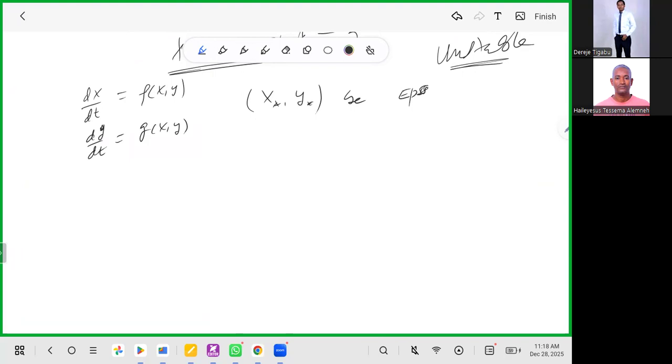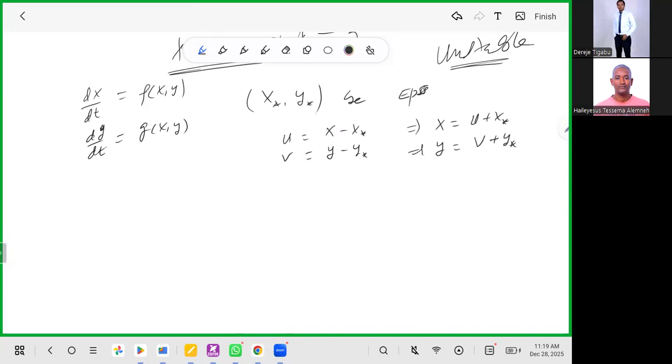Let's take u as x minus x star, and v as y minus y star, where u and v are variables. Which means that x is equal to u plus x star, and y is the same as v plus y star.